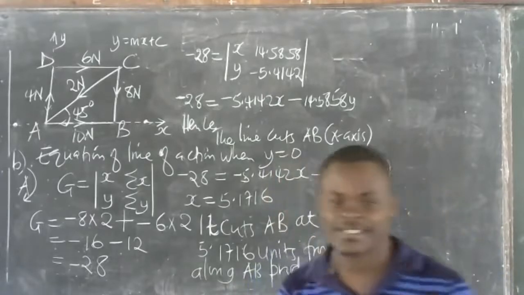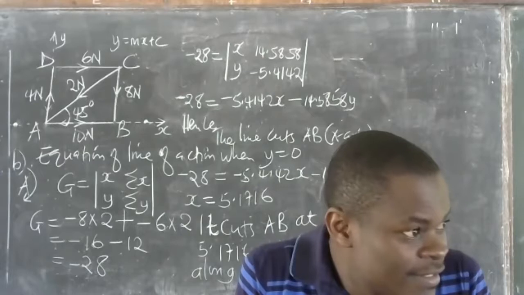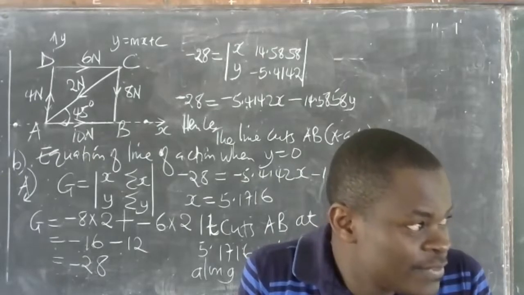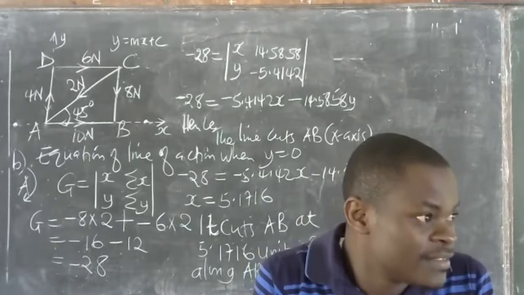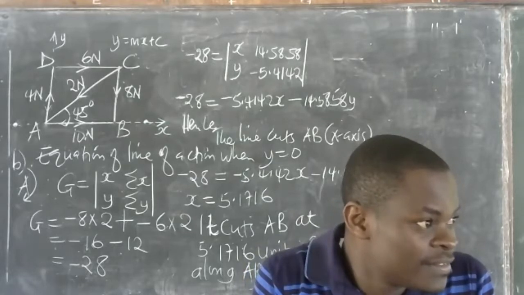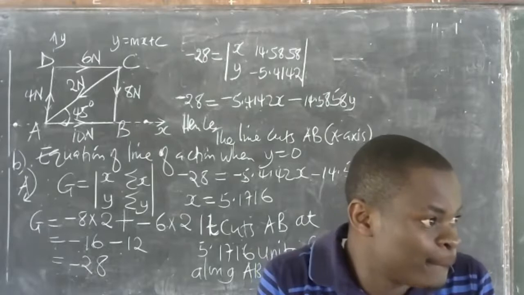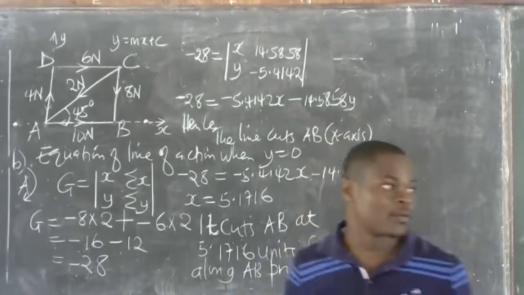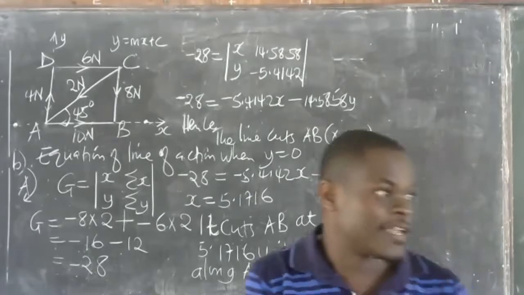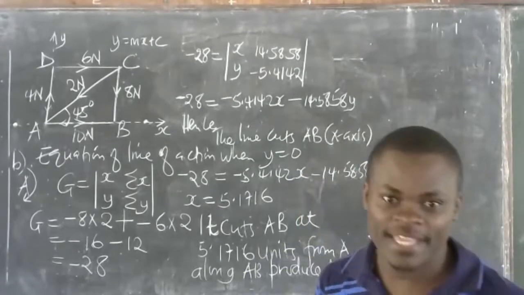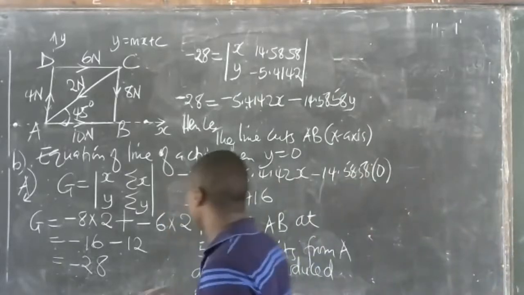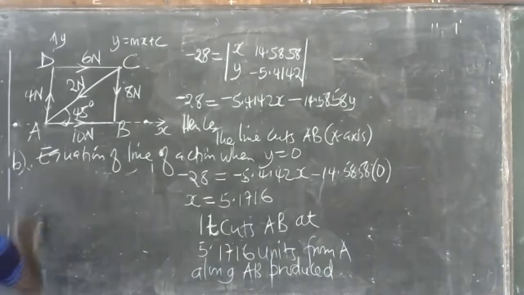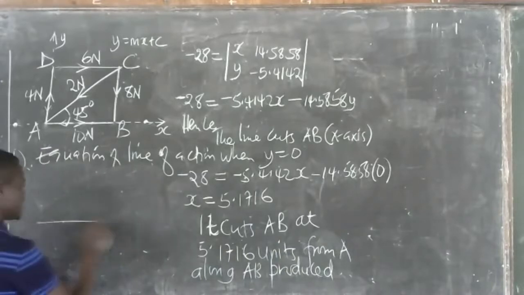But why did we get the moments about A instead of about B or C or D? Because the question doesn't actually specify about which point we are taking moments. Okay, now the question says find the point where the line of action cuts side AB. So that means we are supposed to get where the line of action R cuts AB.